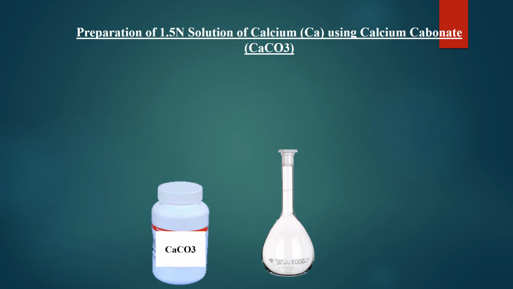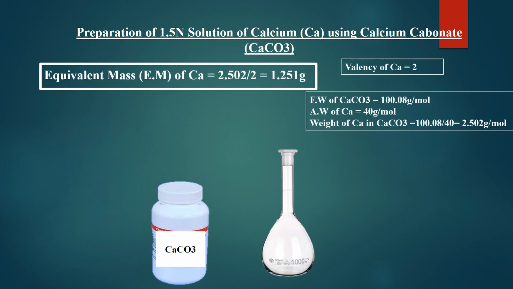To prepare 1.5 normal solution of calcium using calcium carbonate, first of all, find the equivalent mass of calcium in calcium carbonate. Then divide 2.502 by 2, as 2 is the valency of calcium and 2.502 is the weight of calcium in calcium carbonate.